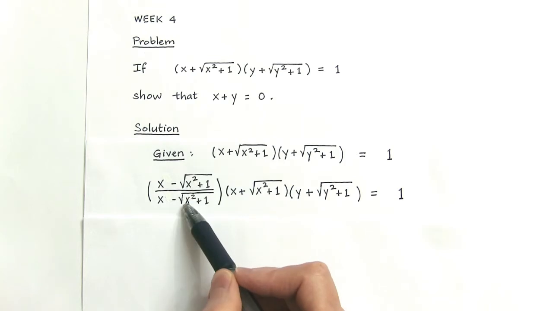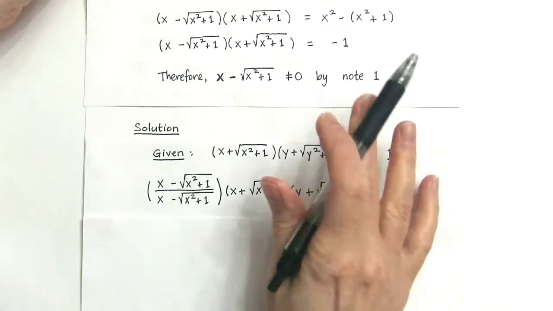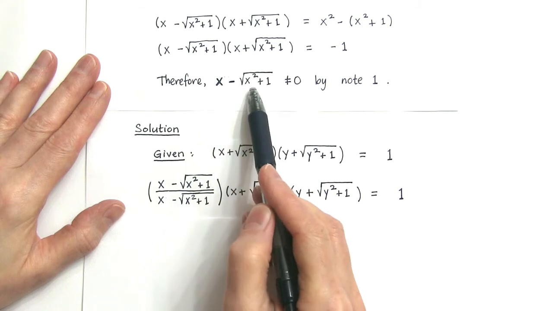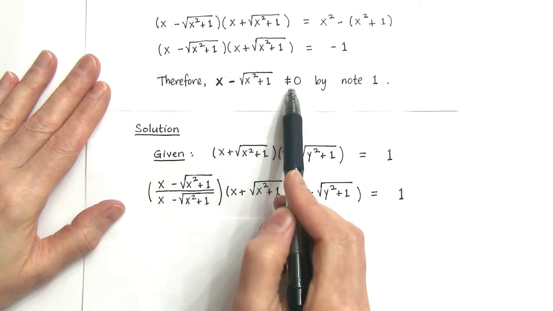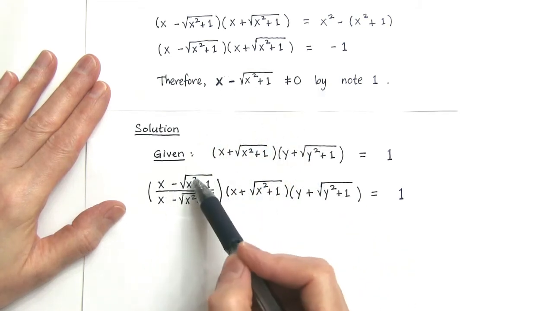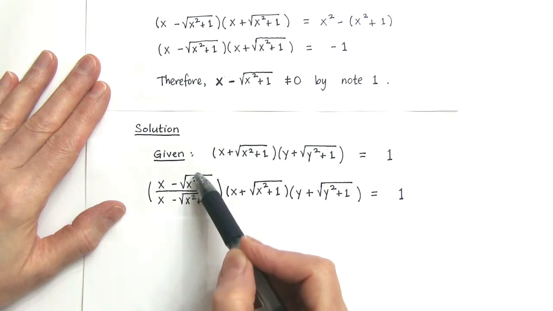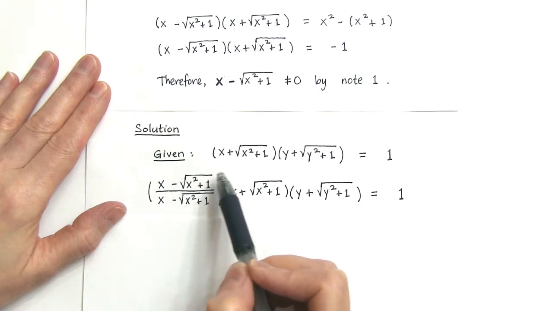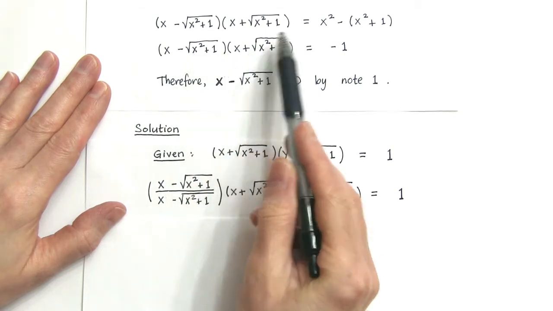Now I know that this is equal to 1 because from note 2, I recall that I proved that this quantity, x minus the root of x squared plus 1, cannot be 0. And so when I take a non-zero number and divide it by itself, I do get 1. And also, by note 2, I know that this quantity times this quantity is equal to minus 1.